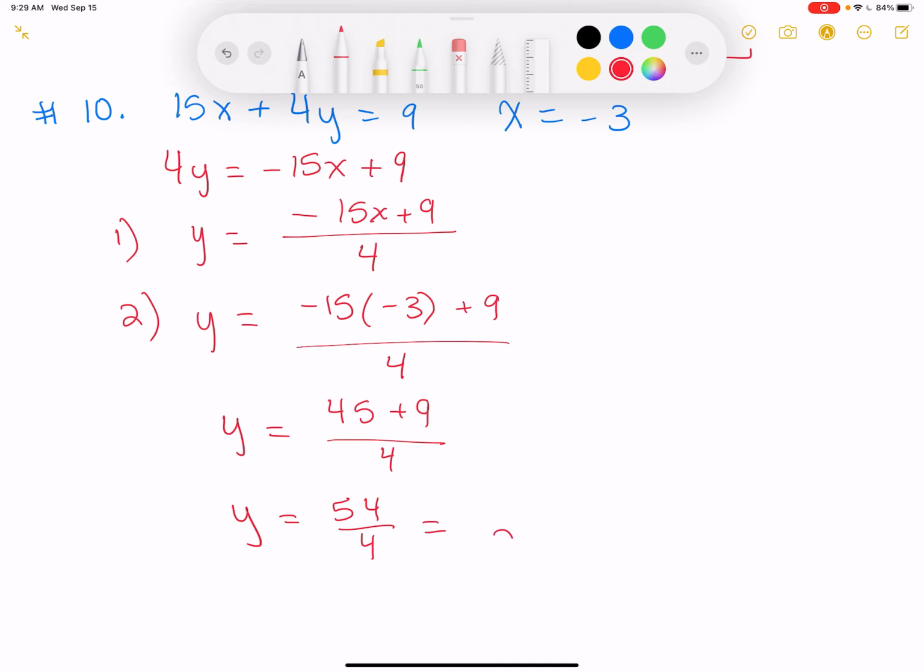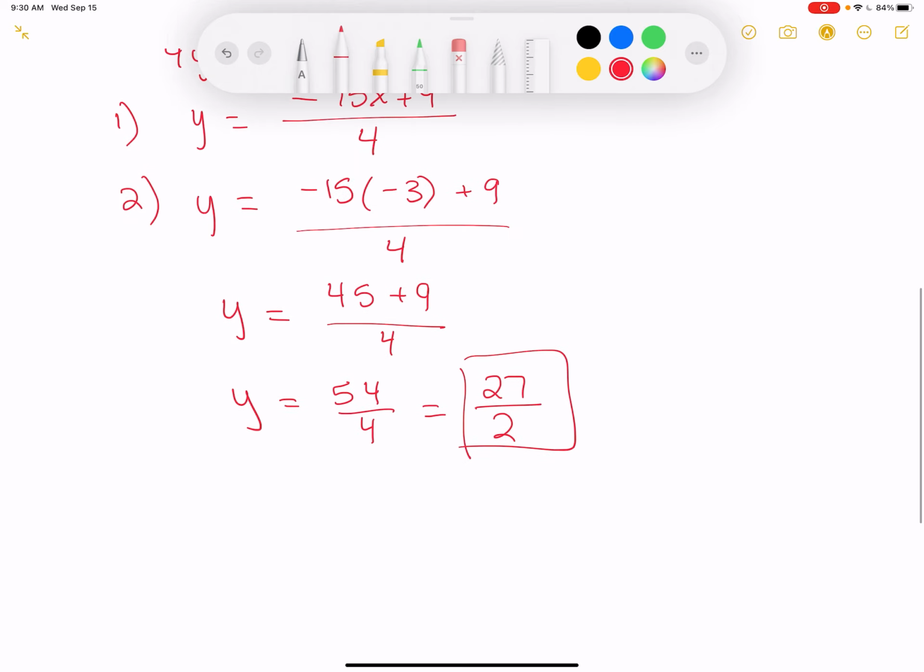Take out a 2. So is that 27 over 2, I think? And remember, if they come out as improper fractions, just leave them.